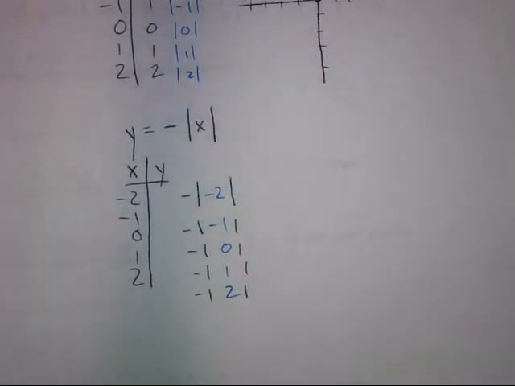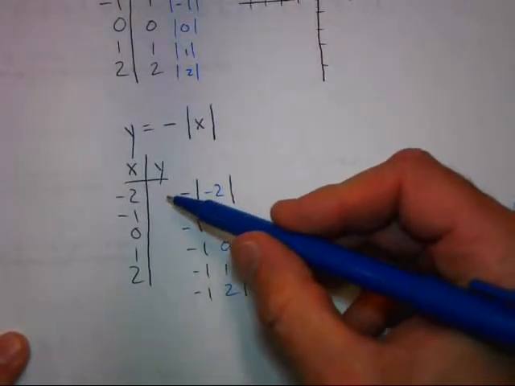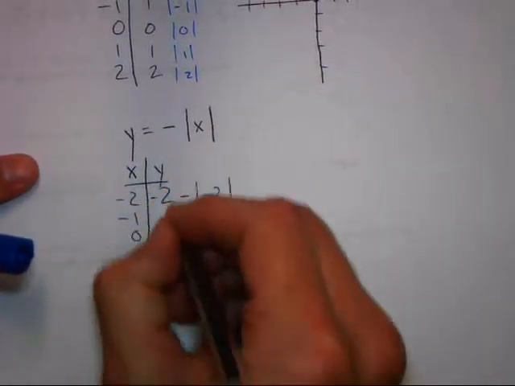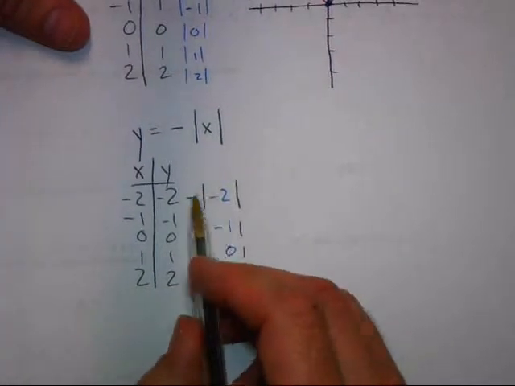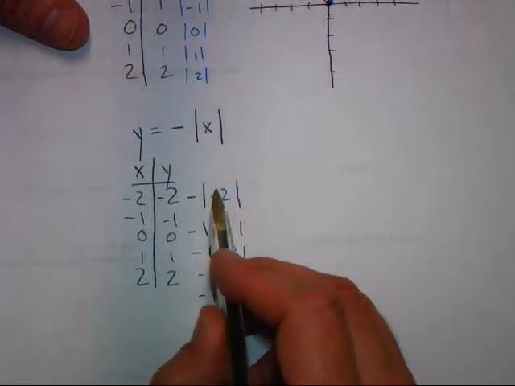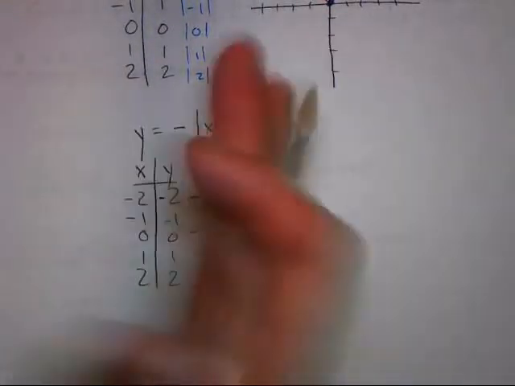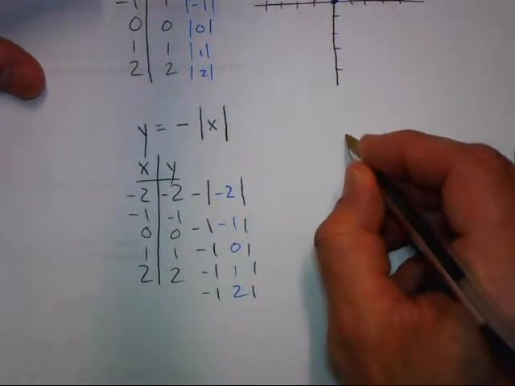And you see what will happen, because the negative is always on the outside, all of the y values are going to be negative as well. It's going to keep everything negative. So when you look at just this one example, you have negative absolute value of negative 2. Absolute value of negative 2 is 2, but then that negative's there, keeping everything negative. So that's the power of that negative on the outside. And we have our outputs.